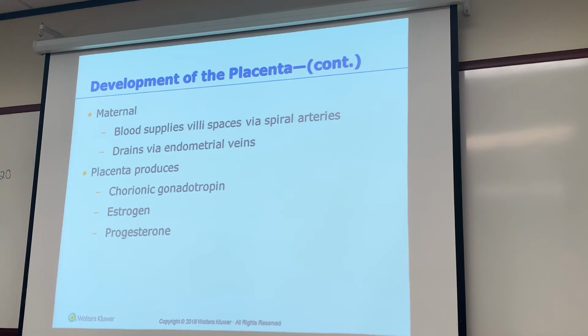Okay, the maternal side, the decidua side, supplies blood by the spiral arteries to the primitive placenta. It drains what it receives from the baby by the endometrial veins. Because everywhere you have an artery, you have a vein, right?